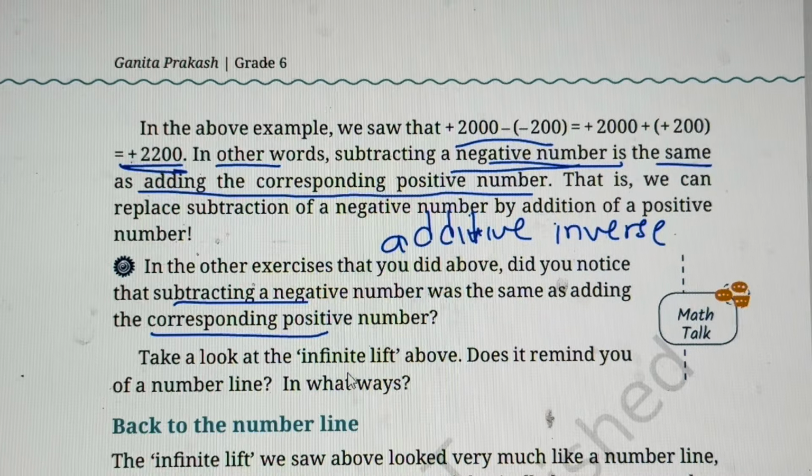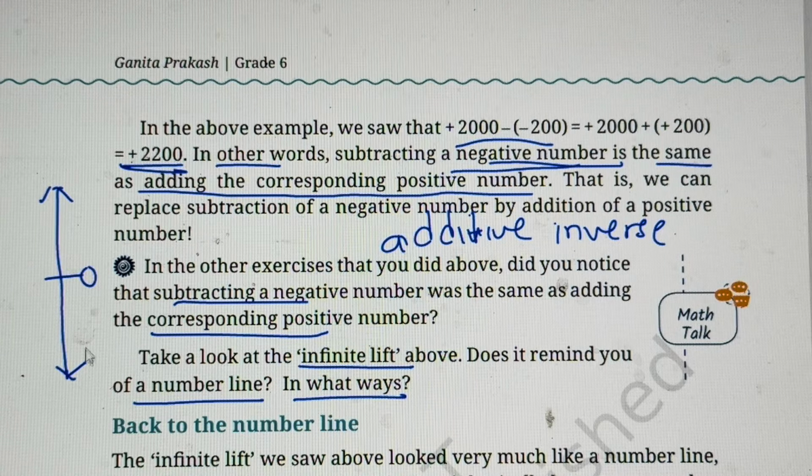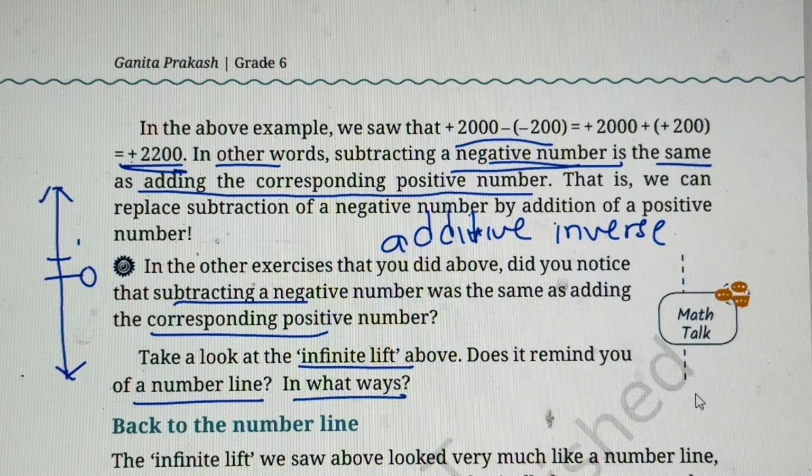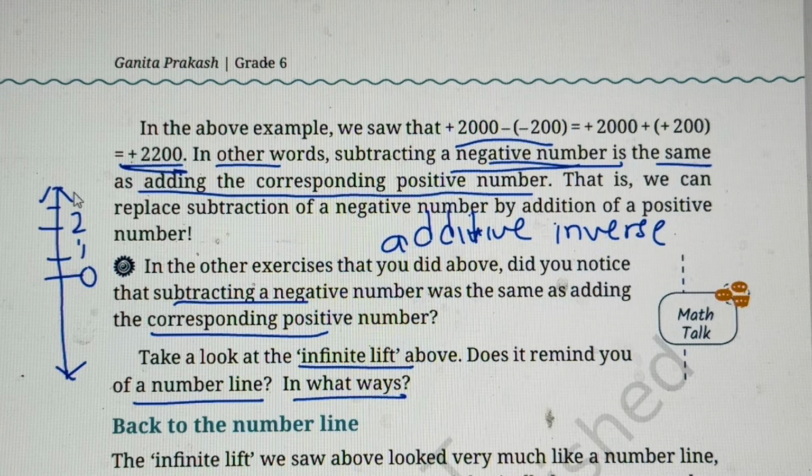So take a look at the infinite lift above. Does it remind you of the number line? In what ways? Right? So the lift which we saw in the above picture was an infinite lift. It is similar to a number line. Only the thing is we generally draw a horizontal number line. Here this was a vertical number line.